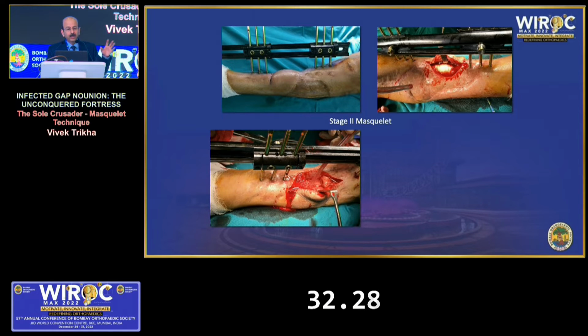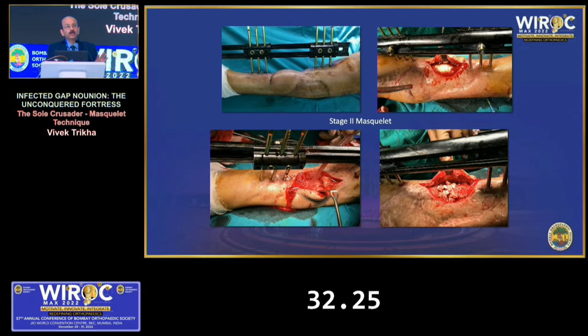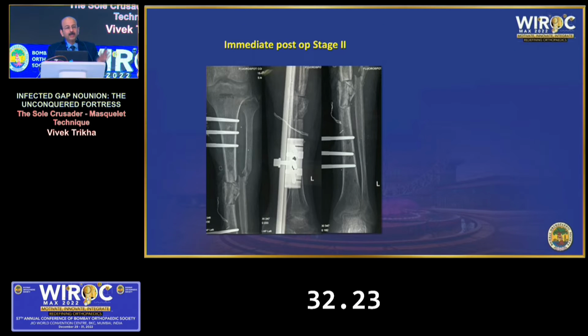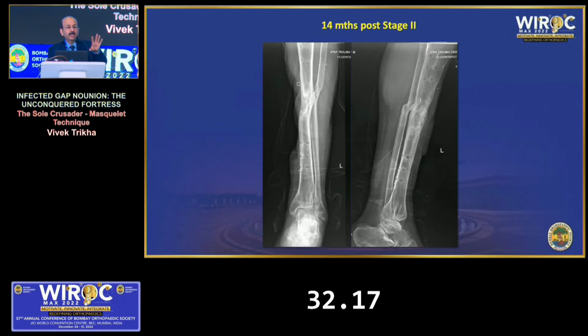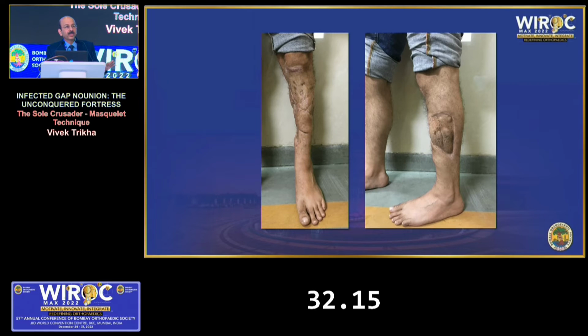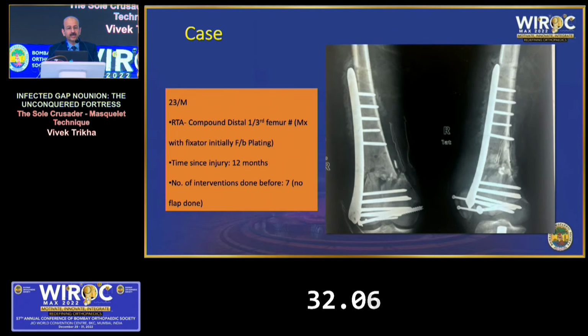Stage 2, you remove it, put in the bone grafts; immediate post-op, 3 months when we start the weight bearing, 6 months, 10 months, 14 months with the patient okay. Yes, there will be some failures, but you need to understand that infection needs to be controlled first, and what sort of bone defect you are managing with it.